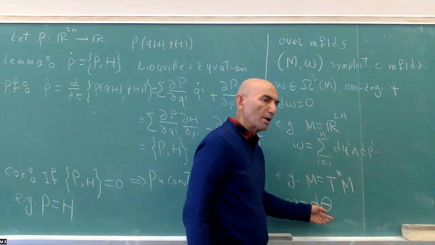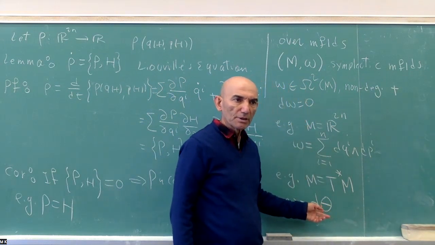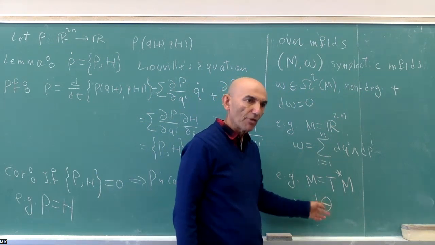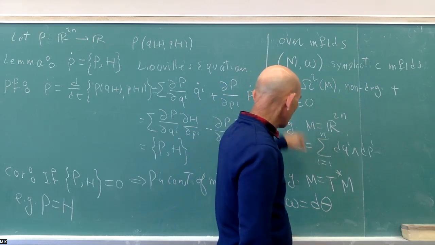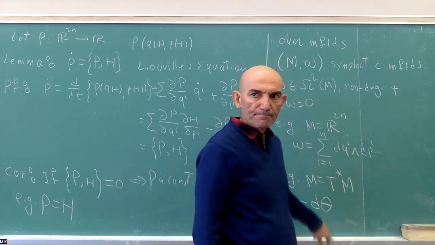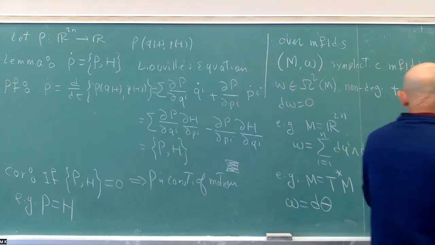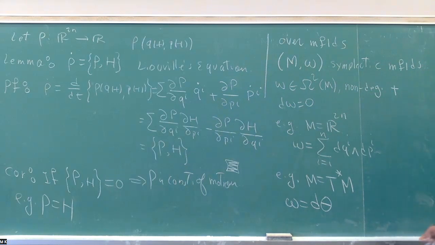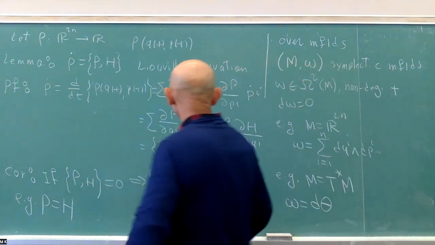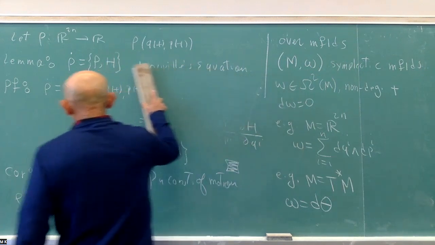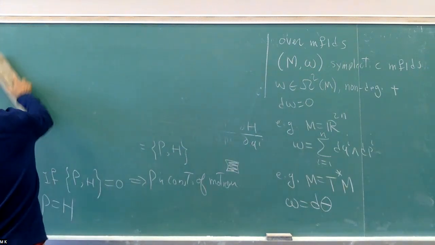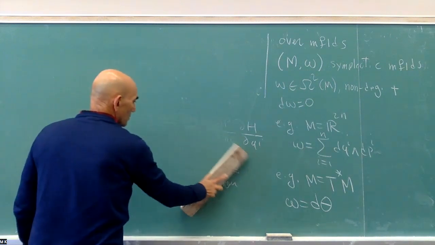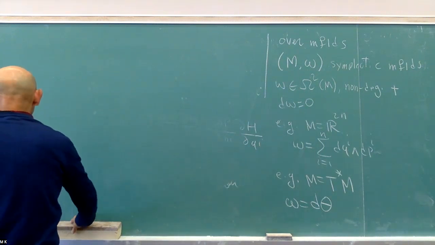So in this case, omega is already exact, it is already the differential of a one-form. So this condition of being closed is automatic. But what is theta? Theta is a canonical one-form on the manifold, which in local coordinates we can write as the sum of qi dpi.